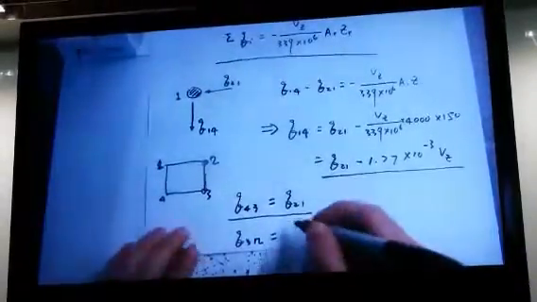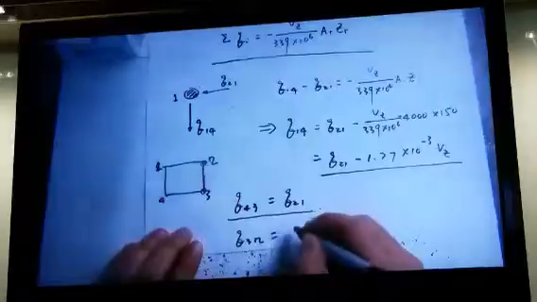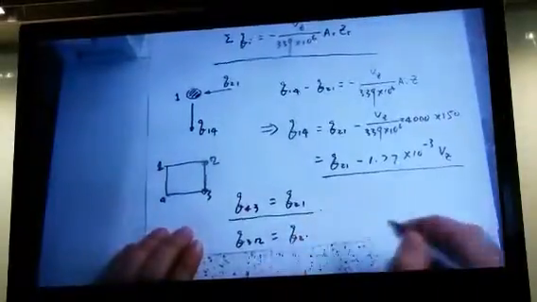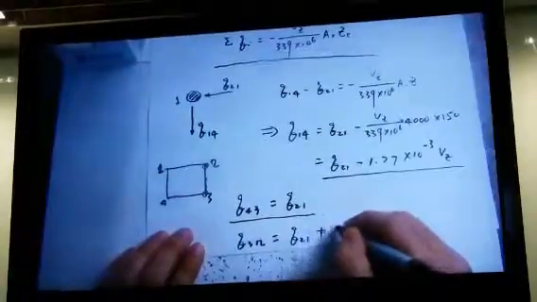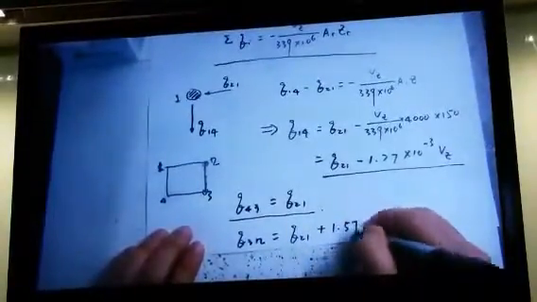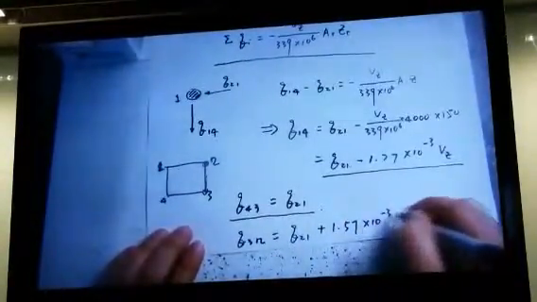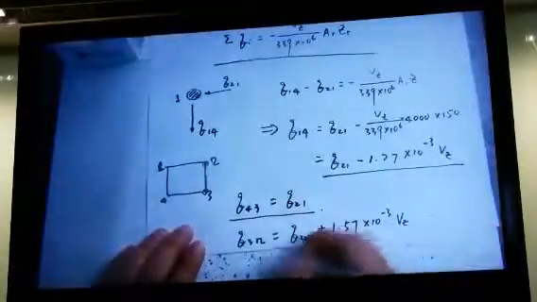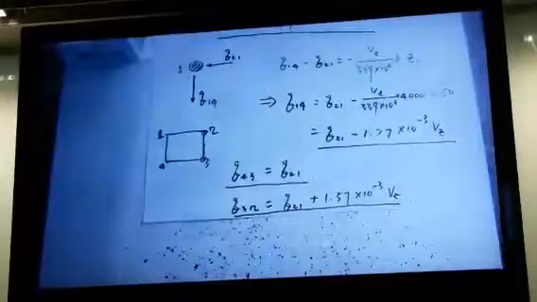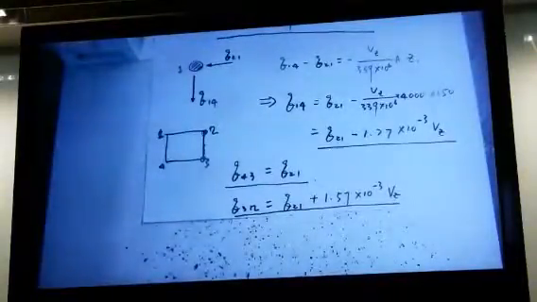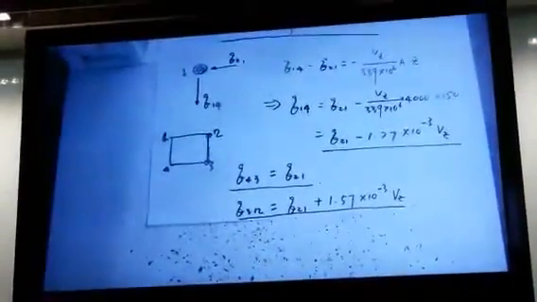So if you calculate it, Q32 will be Q21 plus 1.57 times 10 to the minus 3 Vz. This is Q32. Up to here, you finish your calculation of the shear flow in each of the skins.